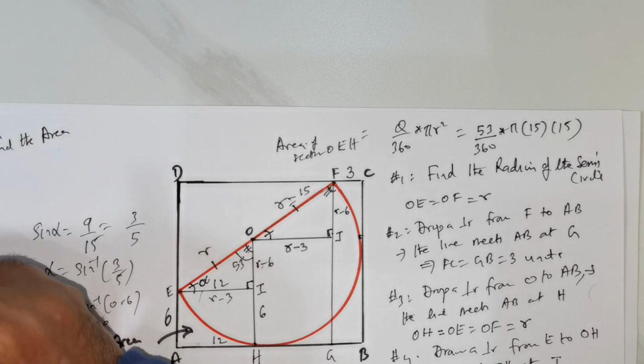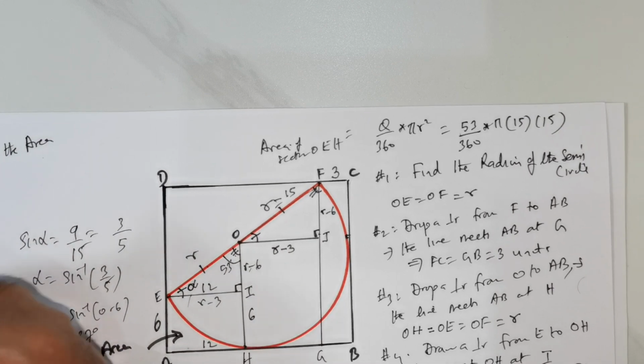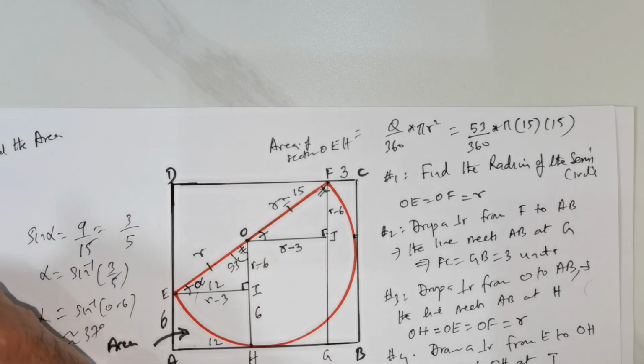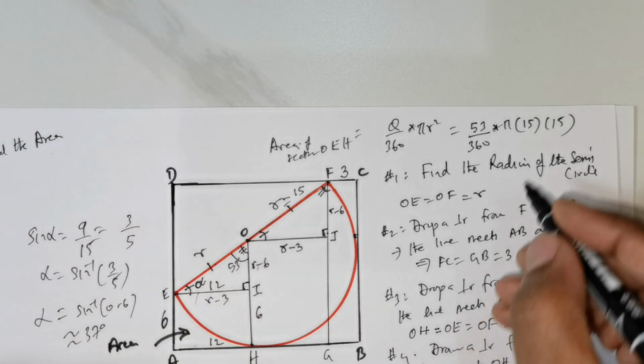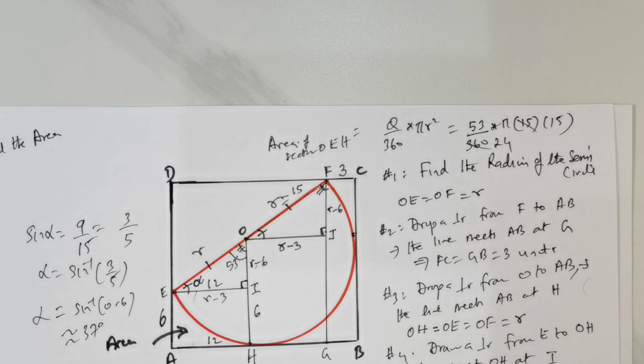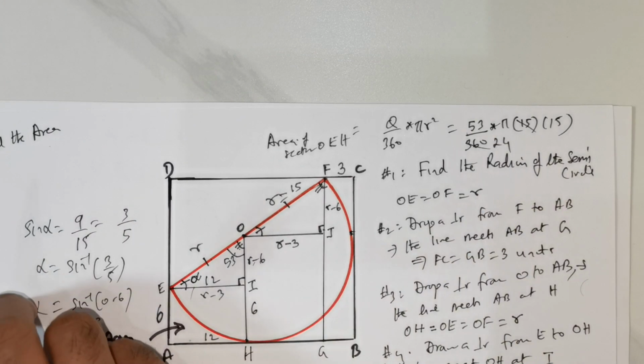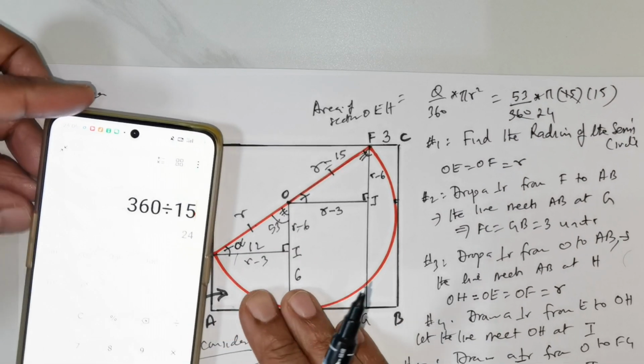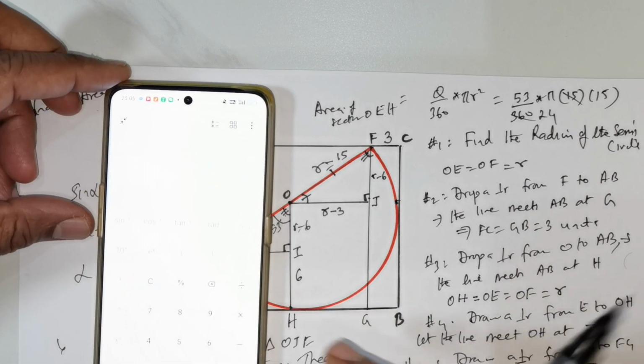So let me use my calculator. 360. Okay, I can use 15 to divide this by 24 times, and I will multiply 53 into 15. Let me do that here.